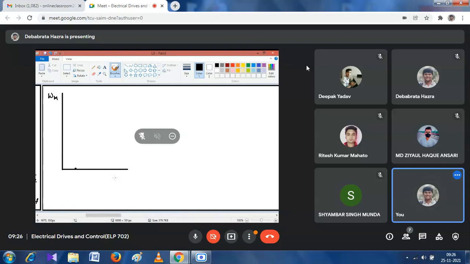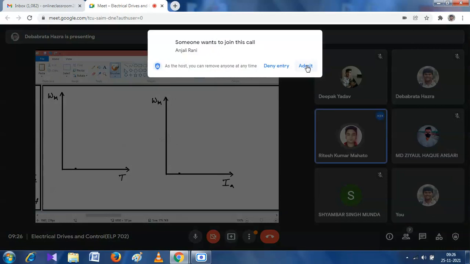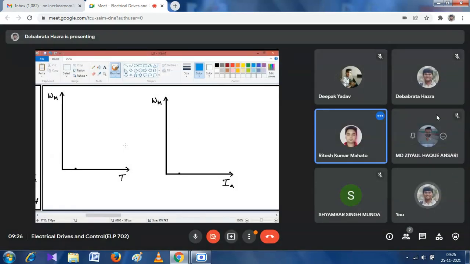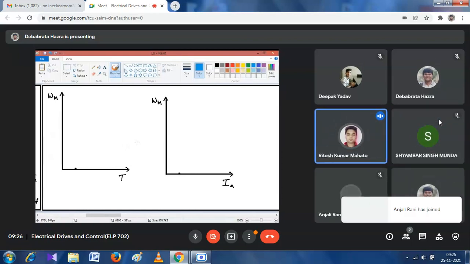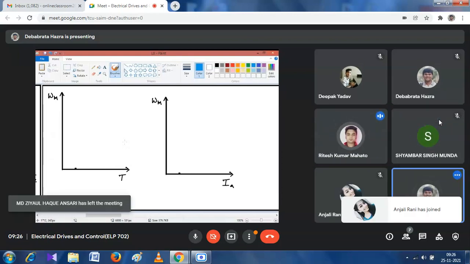Tell me the nature. First, tell me the speed versus torque characteristics. What should be the nature of speed versus torque?